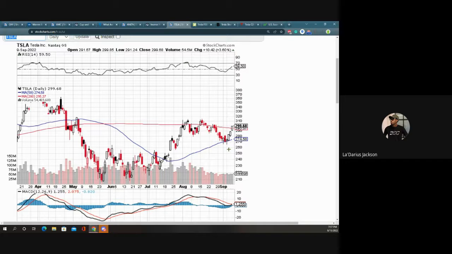Bitcoin is moving up. It's at almost 21,800. So anytime Bitcoin opens high and is moving high when the market is closed, the SPY and tech stocks that are related to Bitcoin or have conversation around Bitcoin normally are up as well.